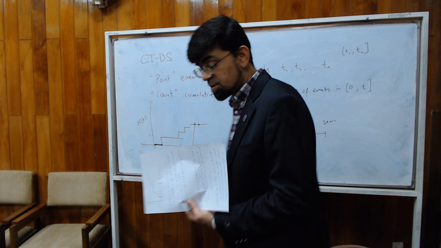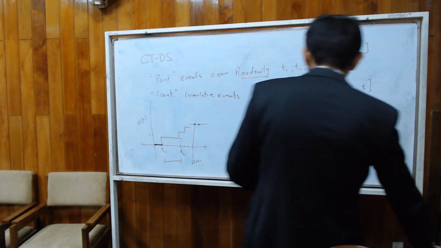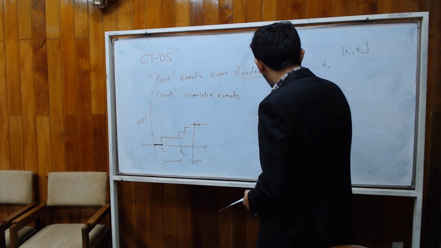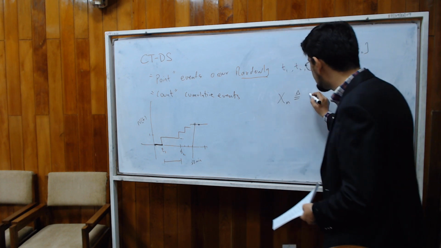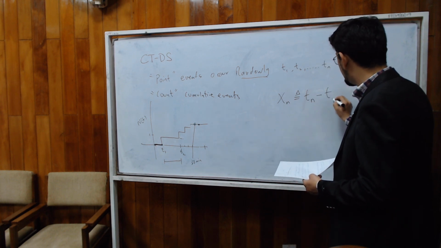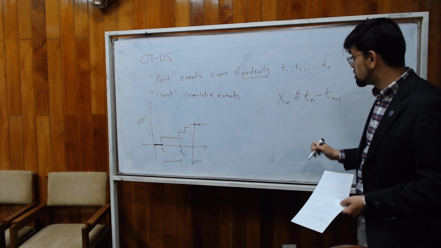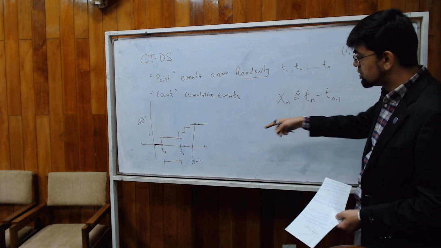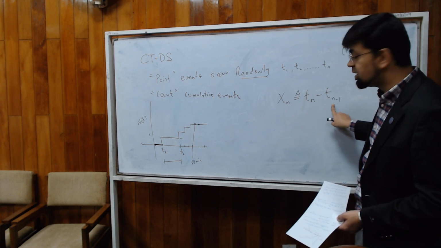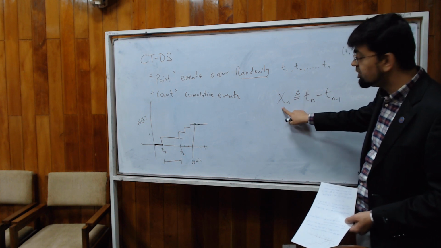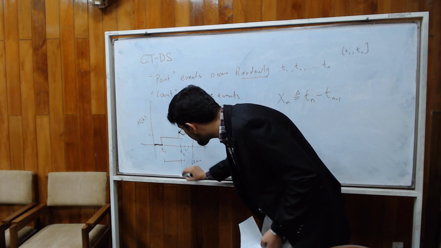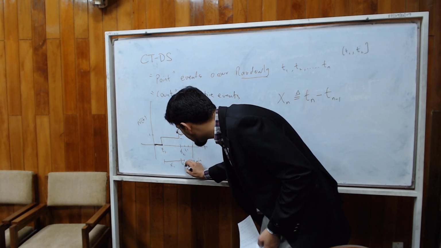So let's define the space and give it a name. We will call it xn, and define it as the time space between two adjacent times of events. So x1 basically, or you could start with 0 if you want to set that to t0. x2 will be t2 minus t1. x3 will be the spacing ending at t3. So this is x2, this is x3.